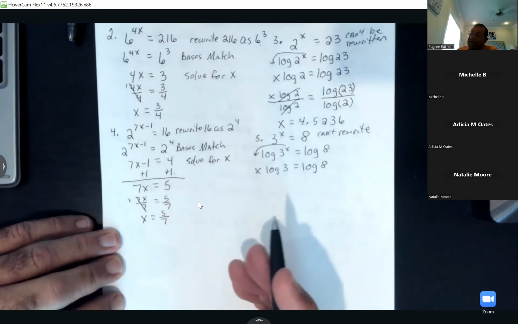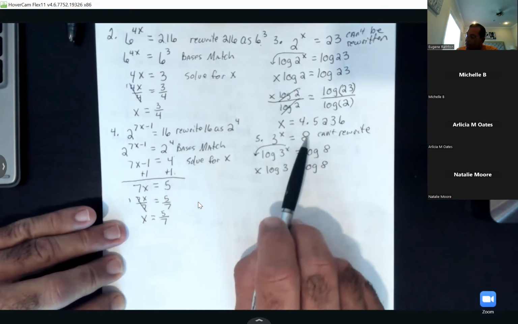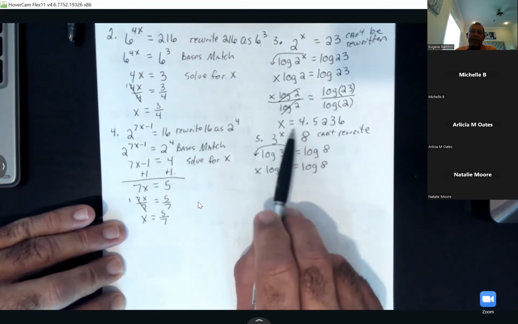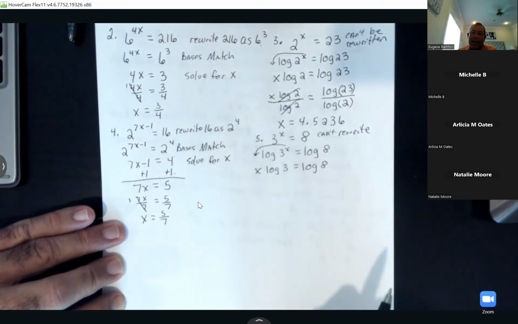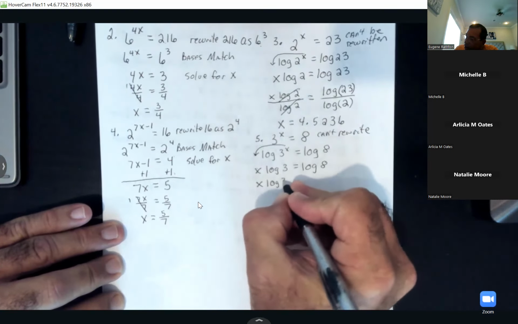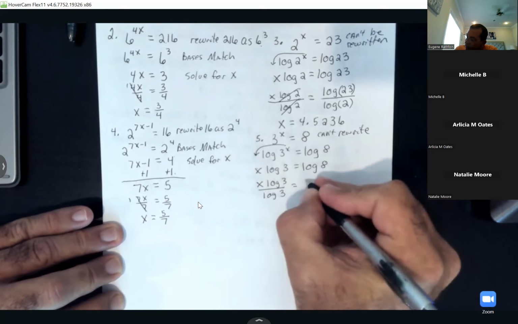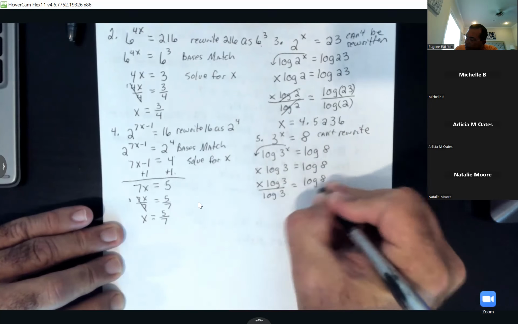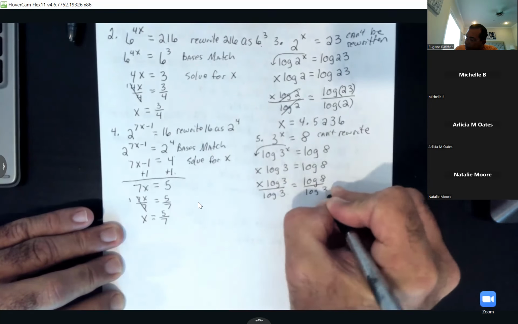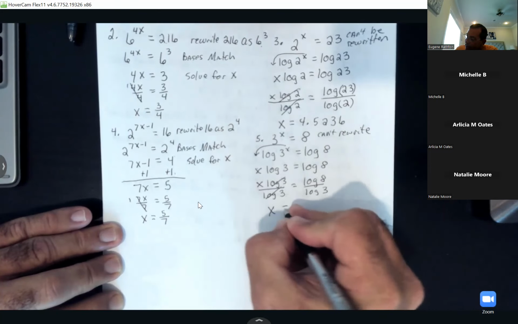These ones ain't that bad if you realize all I'm doing in the long run is taking the log of the right side and eventually just dividing by the log of the left side. So divide both sides by log 3. So y'all, the log 3's cancel on the left side, giving me my x.